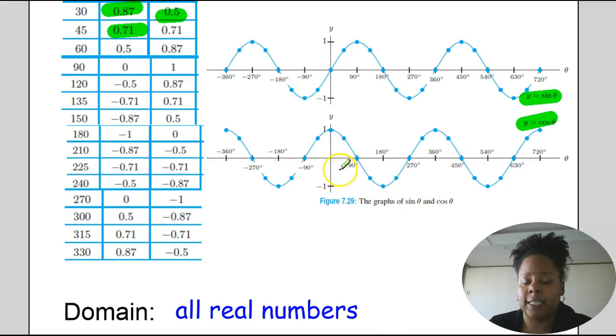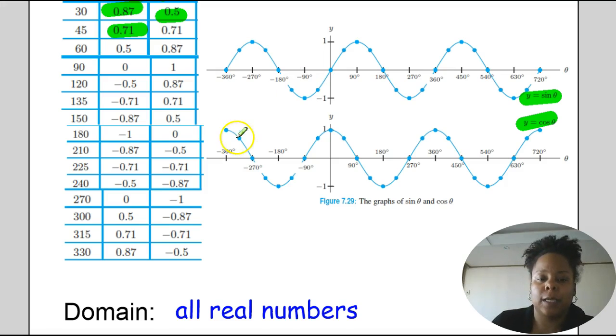And the curves are the exact same. The only difference is that one is a transformation of the other. So basically it's like I'm moving this function to the right 90 degrees or left 90 degrees. I'm moving this function to the left 90 degrees or right 90 degrees to get the same function. But they are different functions even though they're the same curve.